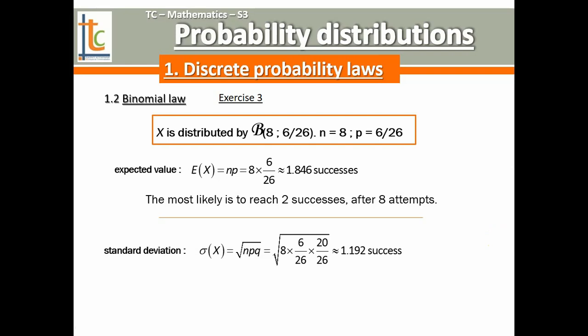So what it does tell us is that you have good chances, a little bit more than 2 over 3 chances, to have a number of white sectors between 1.8 minus 1.2 and 1.8 plus 1.2, if we round the values.